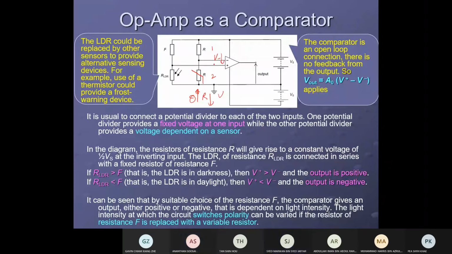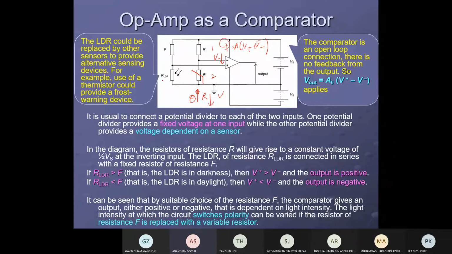And when V negative becomes small, according to the formula, the output becomes more positive, since A equals V plus minus V negative. So the thermistor needs to be at 2, so that when temperature rises, resistance drops, V negative drops, and the output becomes positive. Good, so the thermistor must be at 2.